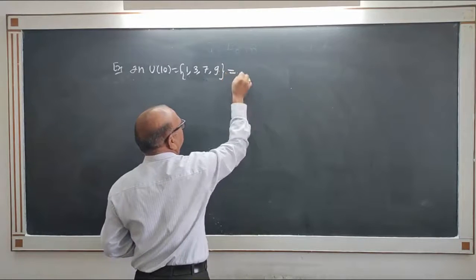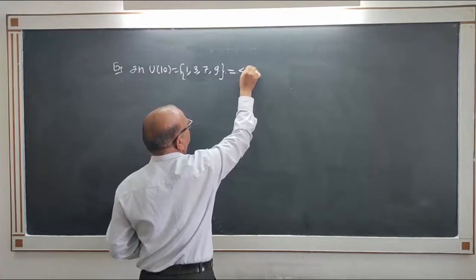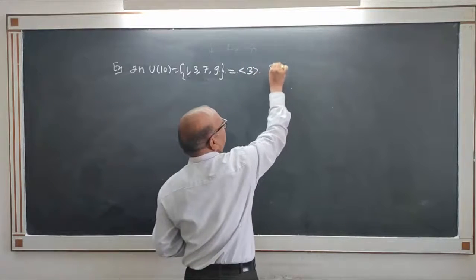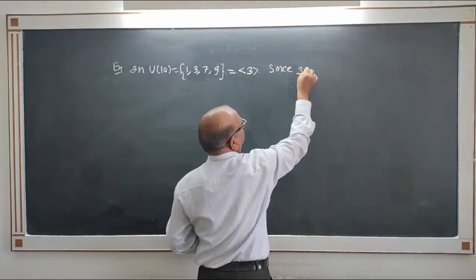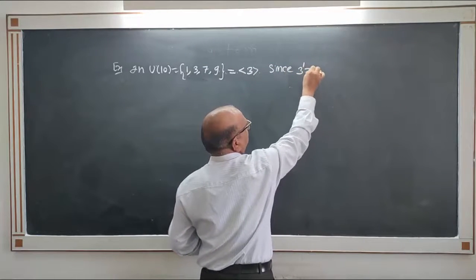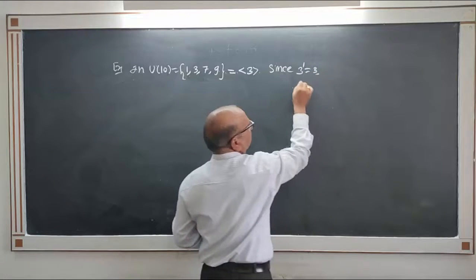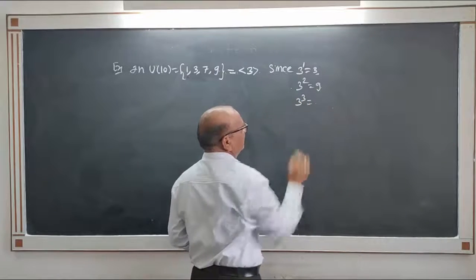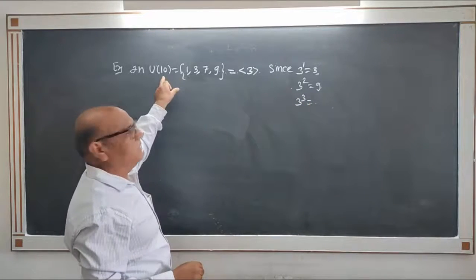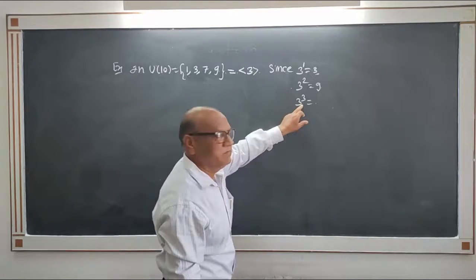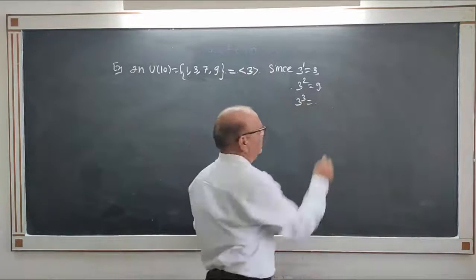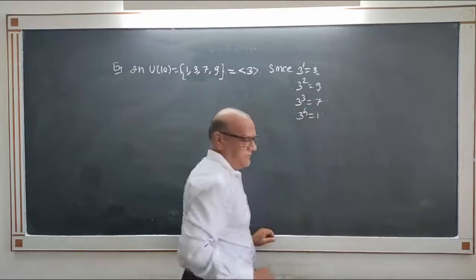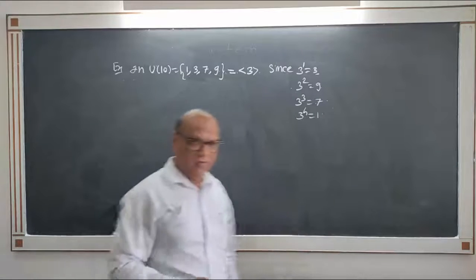This group is also generated by 3, since here 3 raised to 1 is equal to 3, 3 square is equal to 9, 3 cube, here we use multiplication modulo 10, the operation is multiplication modulo 10. 3 cube means 7 and 3 raised to 4, 81, means 1. Okay.